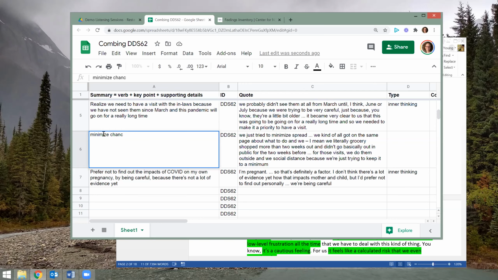She said minimize the spread. But I'm going to say chance of spreading, because later I'll understand what this means better than minimize spread. Minimize the chance of spreading COVID to my in-laws. I'm going to say our because she then says we.